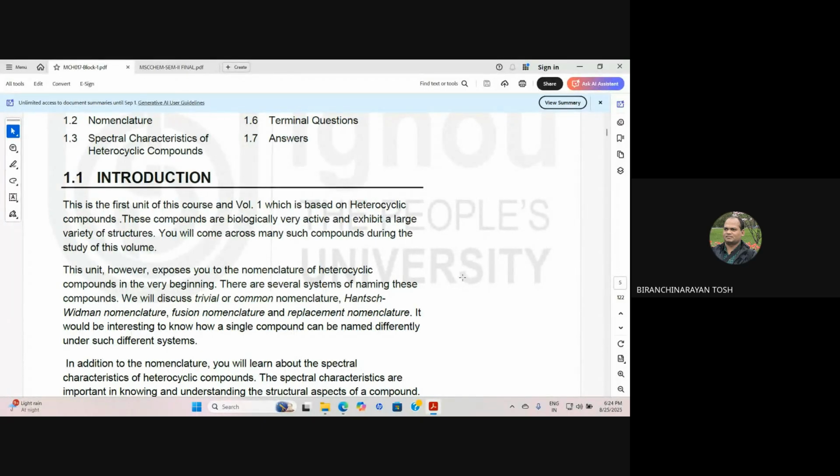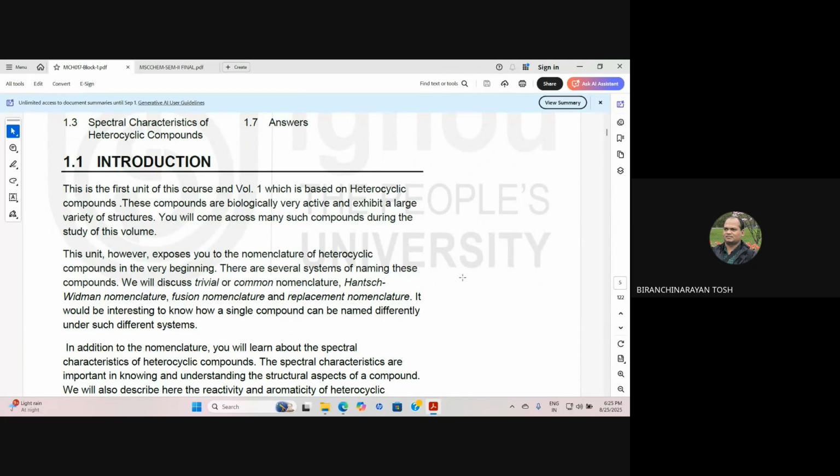So first we will see the nomenclature. So far as the syllabus is concerned, we have to move with the nomenclature of heterocyclic compounds. It is based on 3-member, 4-member, and also 5-member up to 6-member compounds.